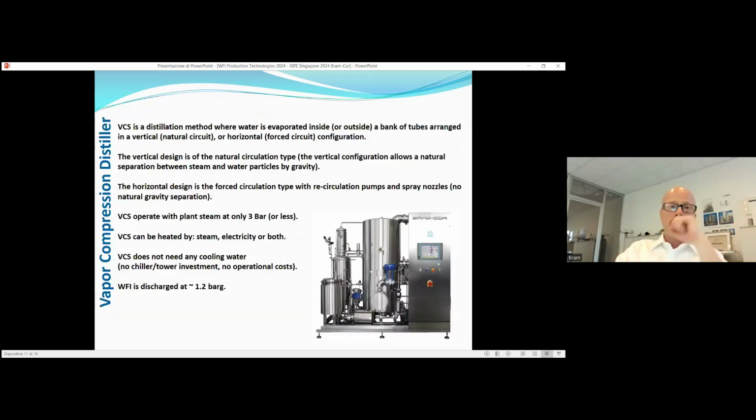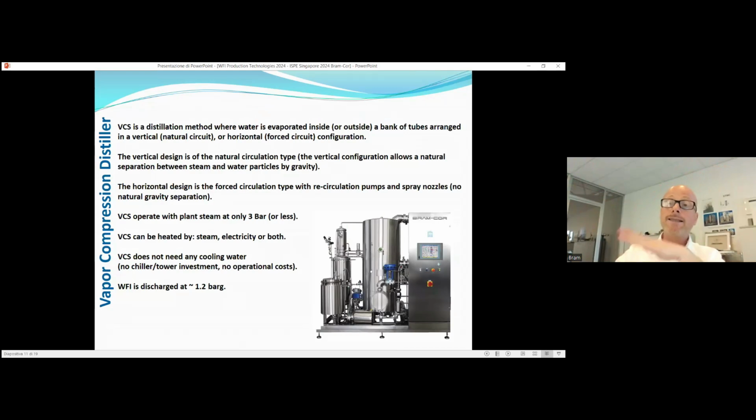Vapor compression distiller is a system, a technology in which the water evaporates inside or outside a bank of tubes arranged in a vertical or horizontal configuration.